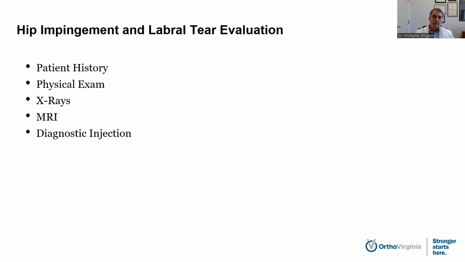With the patients who report their pain having improved, even for a short period of time, that usually correlates then with them having pain that comes from inside the hip joint itself. And so a diagnostic injection can be part of the overall process in terms of working up somebody who has hip impingement or a labral tear.